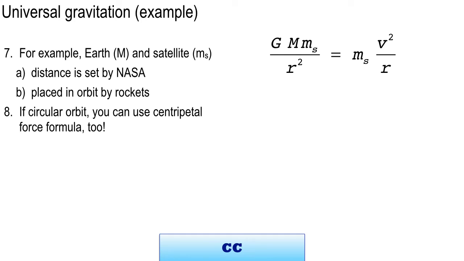All right, on the left is the law of universal gravitation: G times capital M times m subscript s divided by r squared. On the right is centripetal acceleration for the spacecraft, of mass m subscript s.